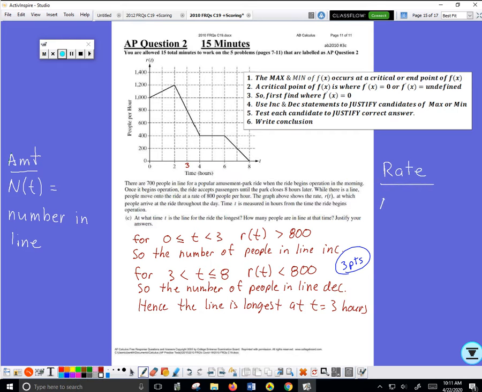And in this case, n prime is actually made up of two rates. There's the rate at which people get into the line. That's r of t. And the 800. And then you would subtract the 800 because that's the rate at which they're leaving the line.